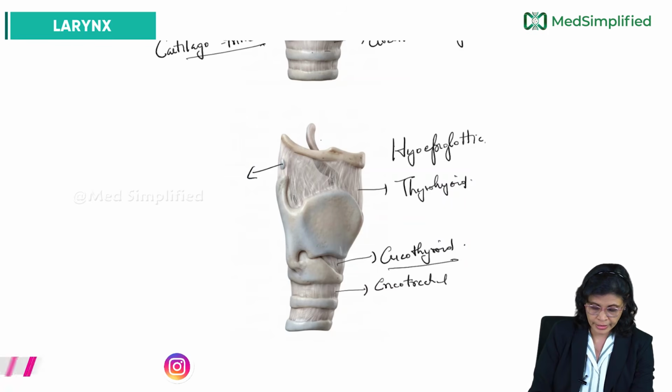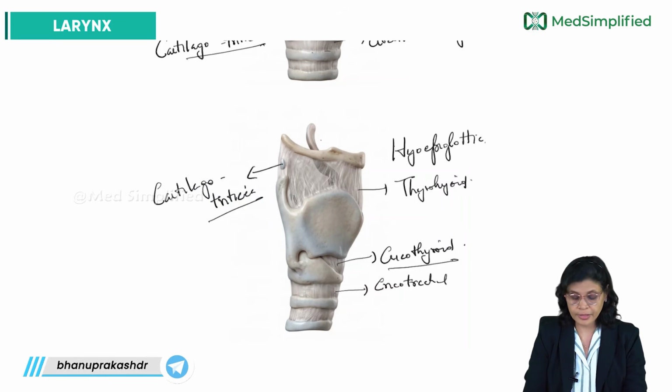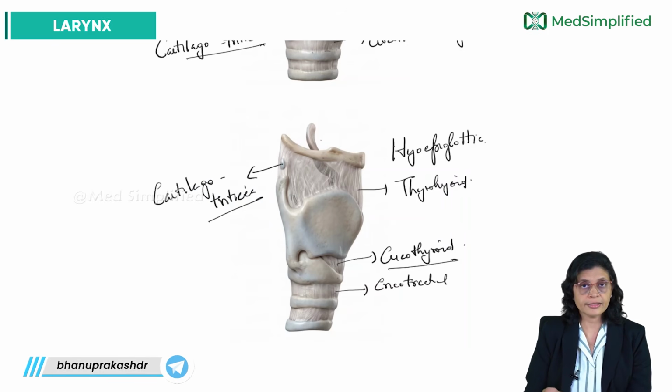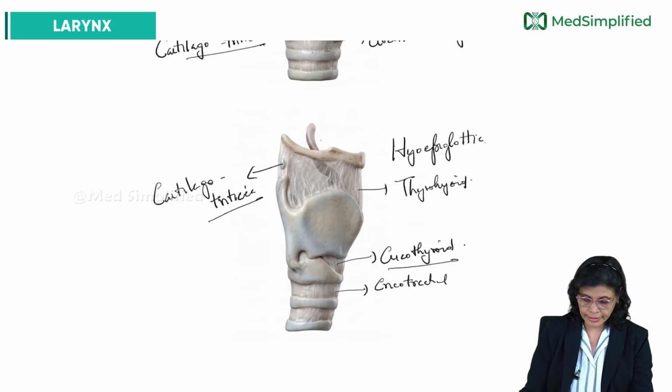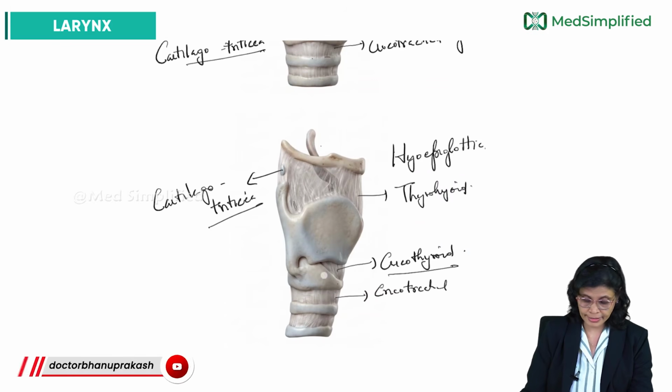And this is what I told you is the elastic cartilage nodule which we see on the thyrohyoid ligament. So these are all the extrinsic membranes and ligaments.